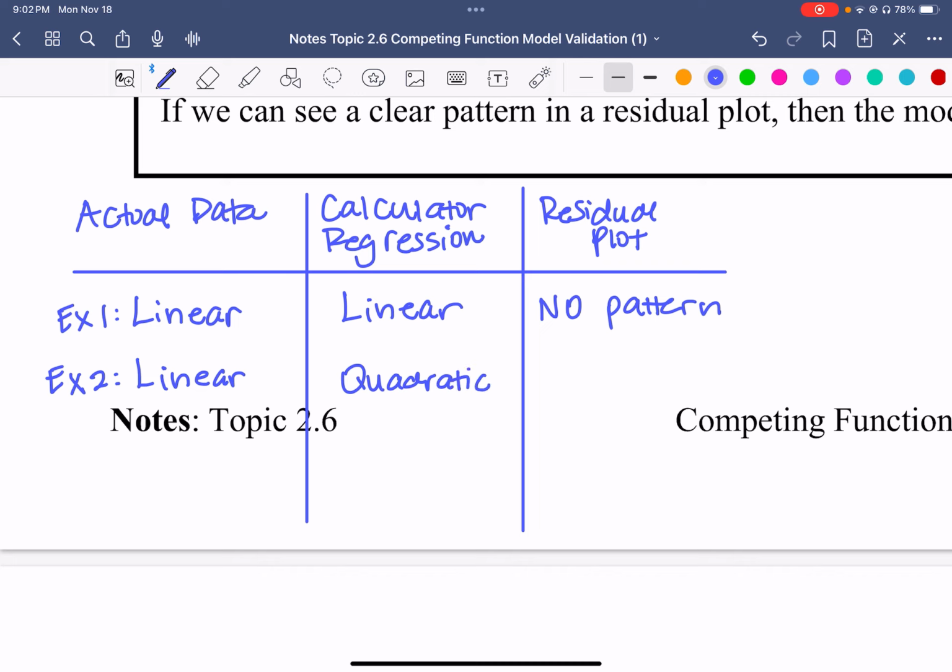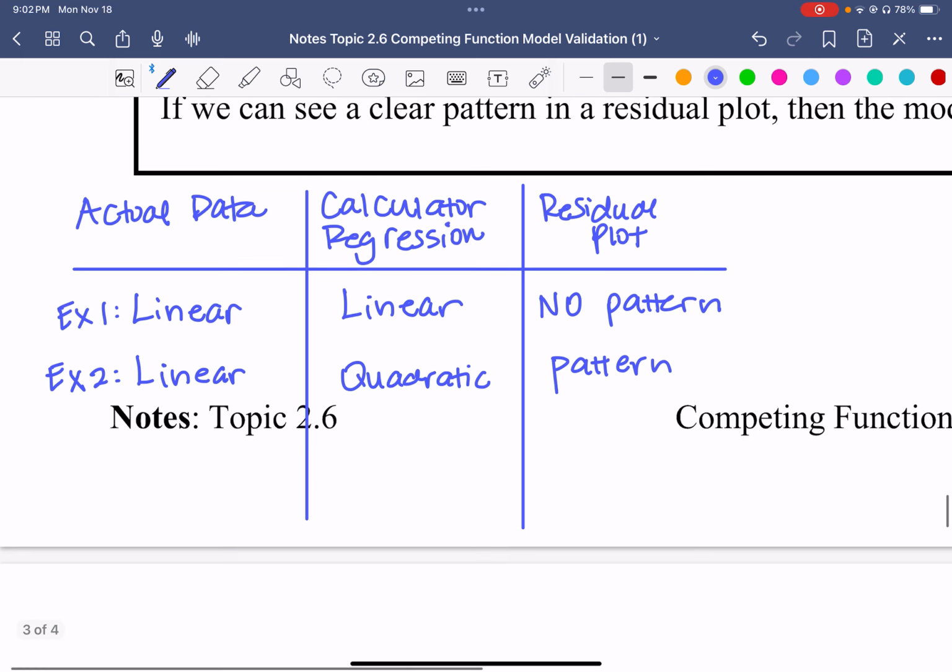Now, a quadratic model will not be appropriate for a linear function, for a linear data type, because they don't match. Okay, so if the data is linear and I select quadratic, my model is not appropriate. Therefore, I will see a pattern in the residual plot, okay?